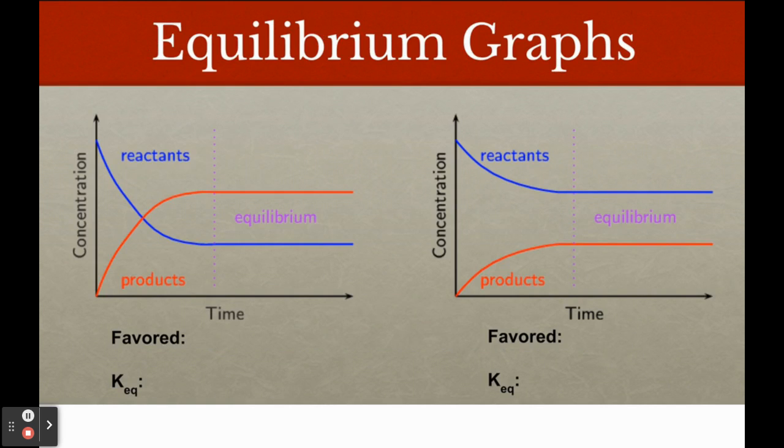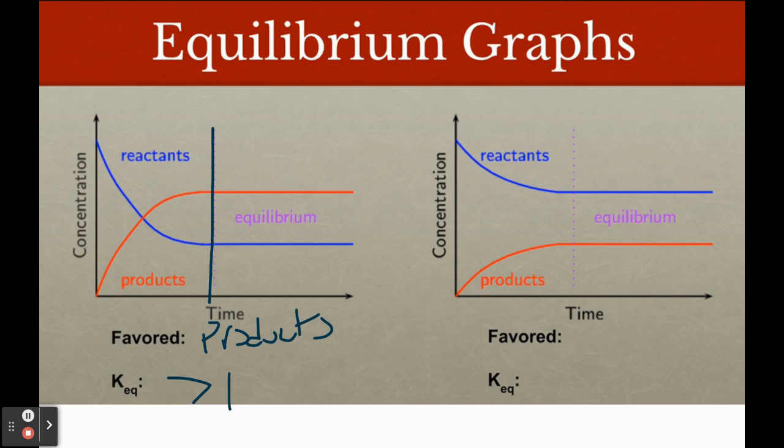For the first one on the left here, we can see that the dotted purple line is when we have reached equilibrium. The product line is higher, has greater concentration than the reactants. So that means that the products are favored, which would mean that the KEQ is greater than 1 for this reaction.